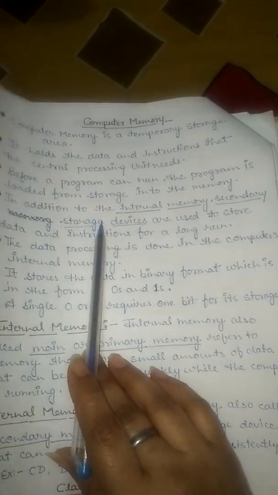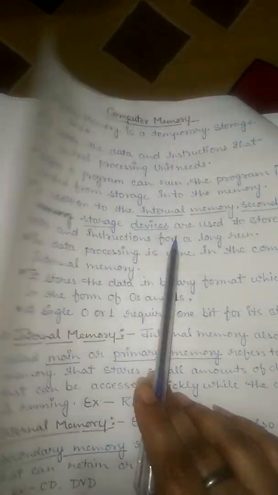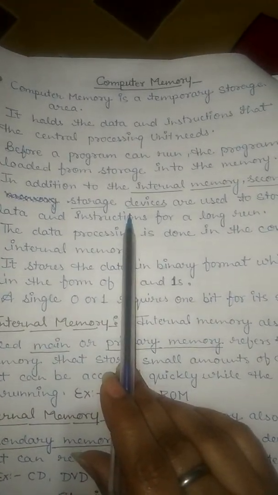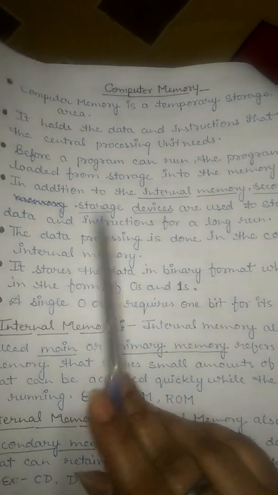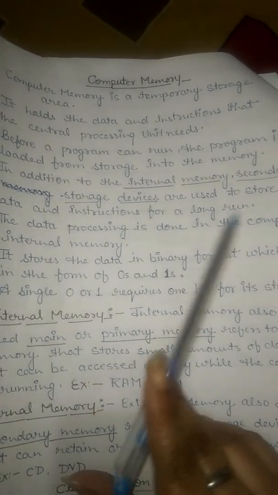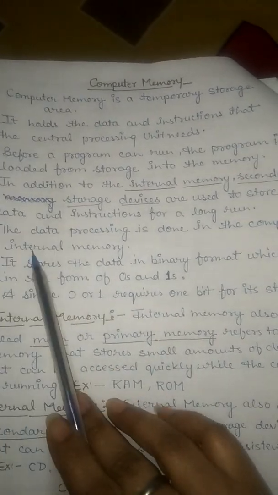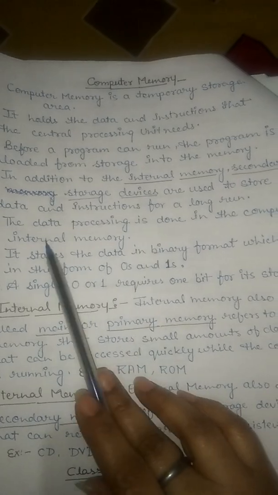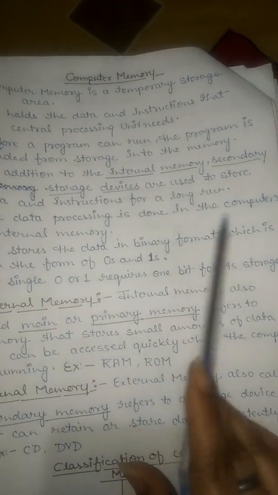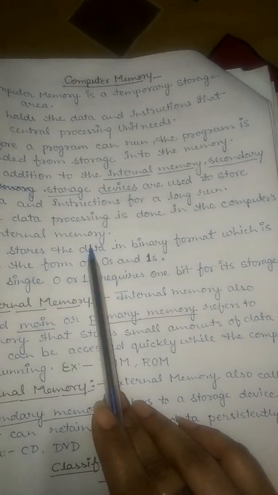In addition to internal memory, secondary storage devices are used to store data and instructions for the long run. The data processing is done in the computer's internal memory.